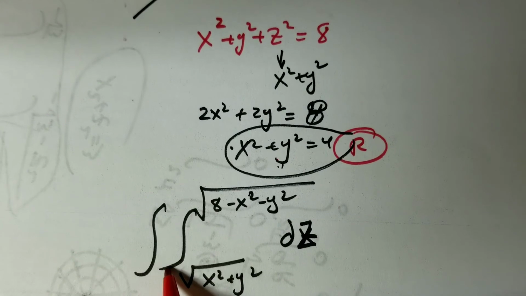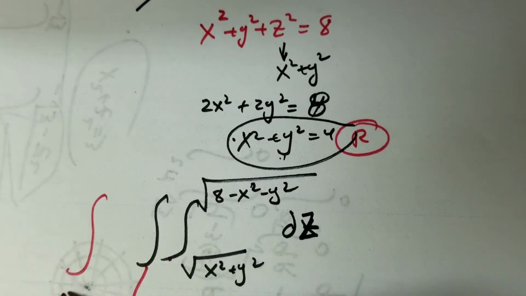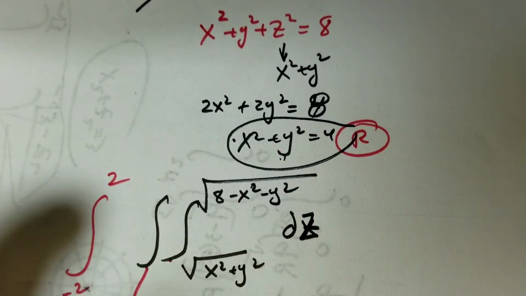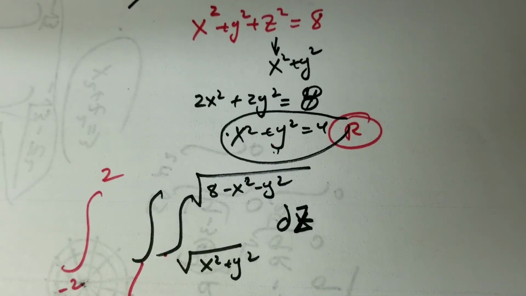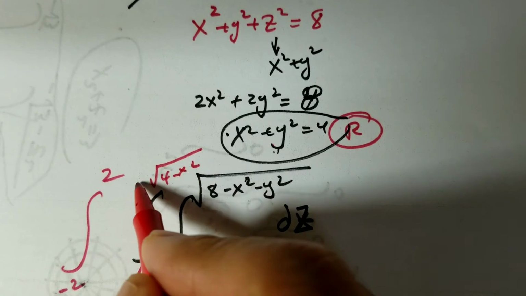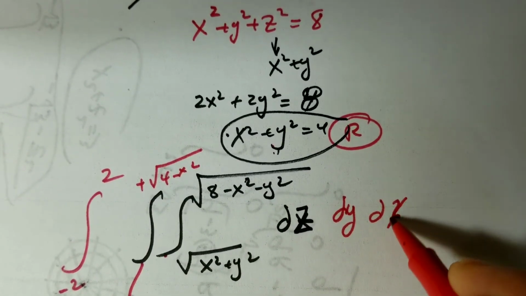I'm going to make my x fixed. My x is from -2 to 2. And my y is going to go from negative square root of 4 minus x squared to positive square root of 4 minus x squared. This becomes a dy, and that becomes a dx.